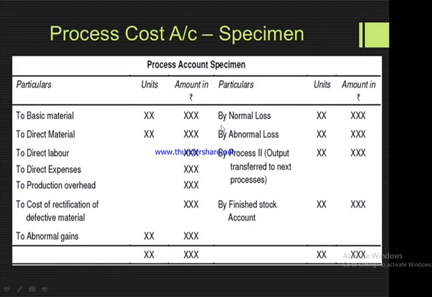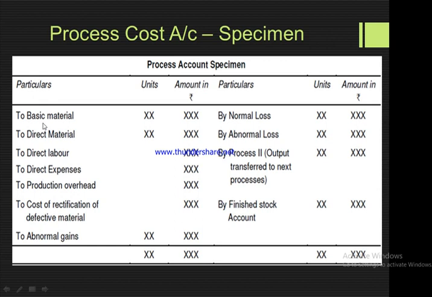Now this is the format for maintaining the process account. On the left hand side it's a simple ledger account kind of thing, where we divide this into two parts. The left side is meant for recording the debit aspect, and the right side is meant for recording the credit aspect.